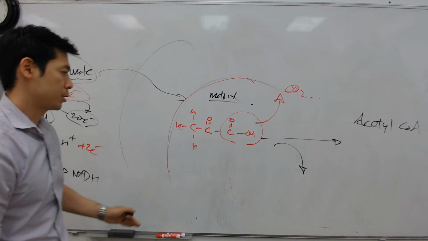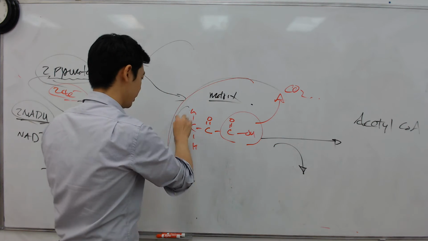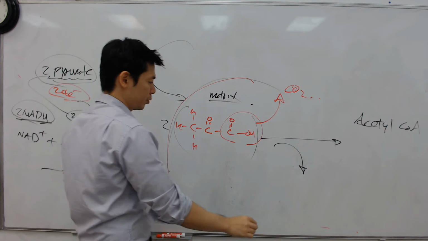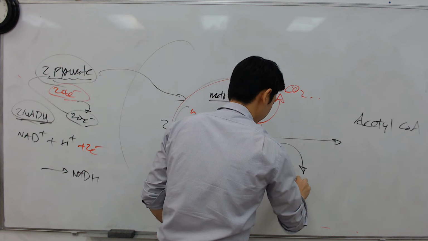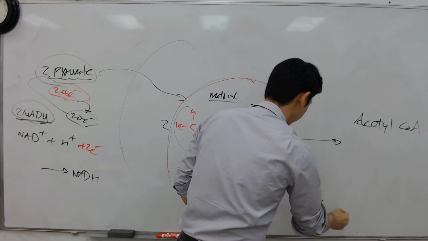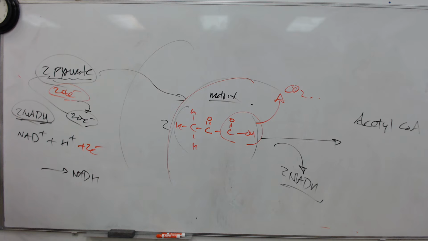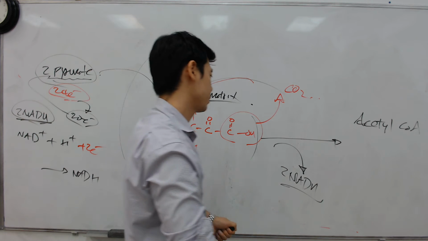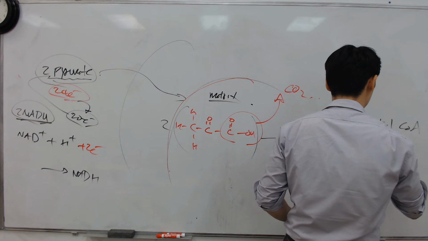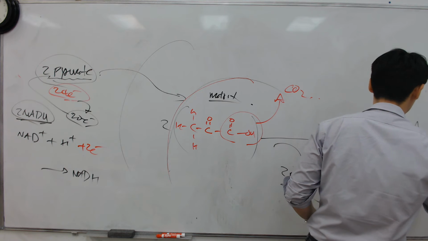There are 2 of these pyruvates, and from this process they produce 2 NADHs again. It turns into acetyl-CoA, a carbon double bonded with the sulfur and CoA.